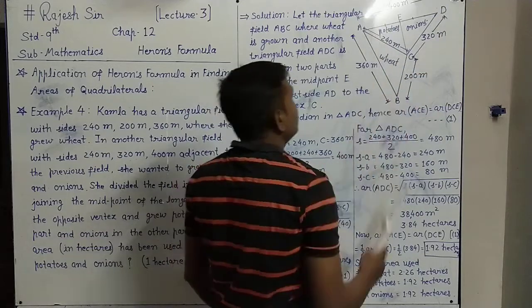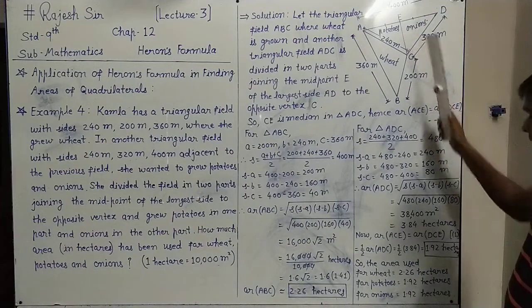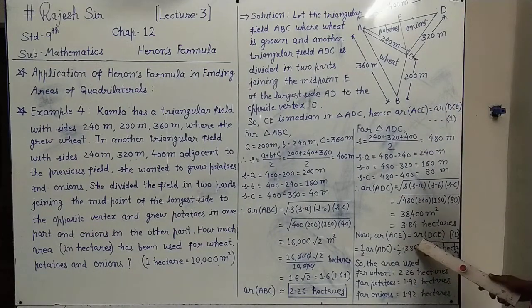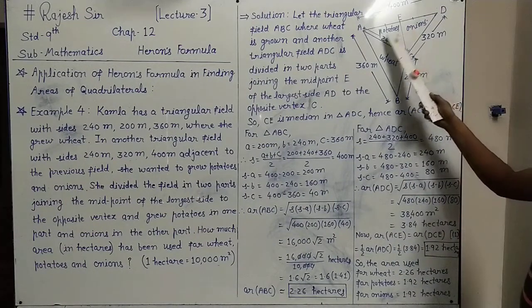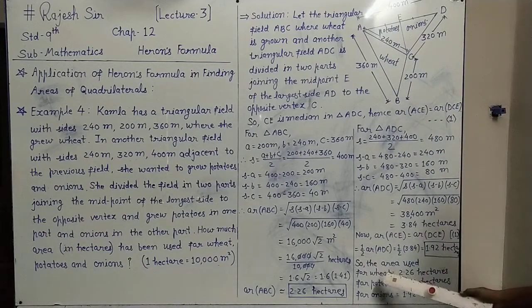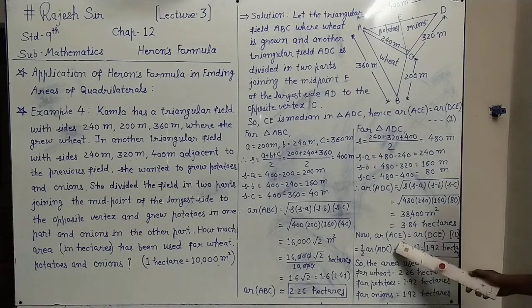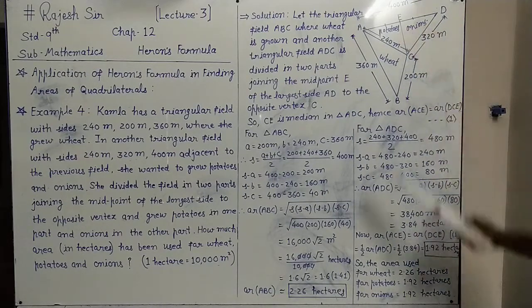So if the full triangle is divided into two equal parts, every part's area, that is area of ACE and area of BCE, will be half of the original ADC. So half of 3.84 gives 1.92 hectares. So each part is 1.92 hectares.